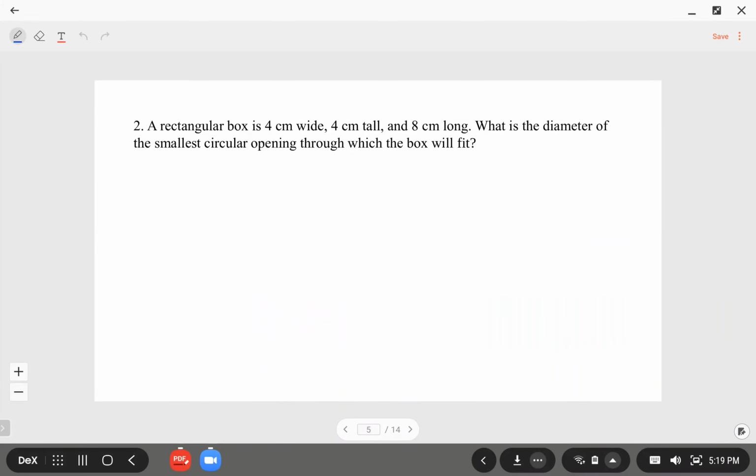Next problem. This one, bit tricky. Read the problem carefully for this one.